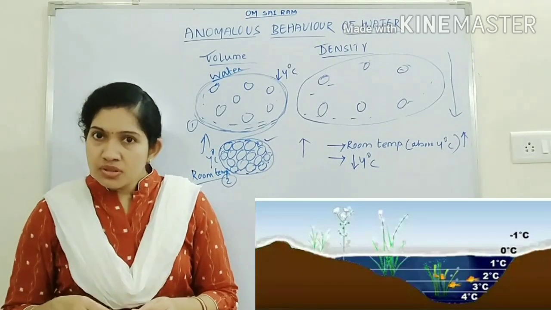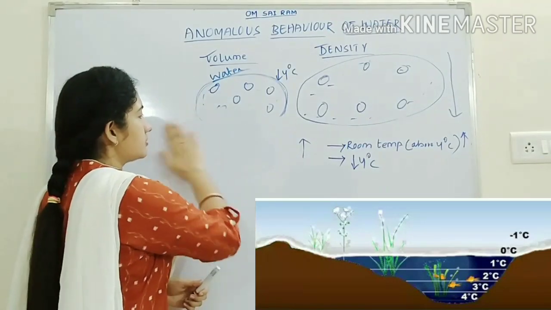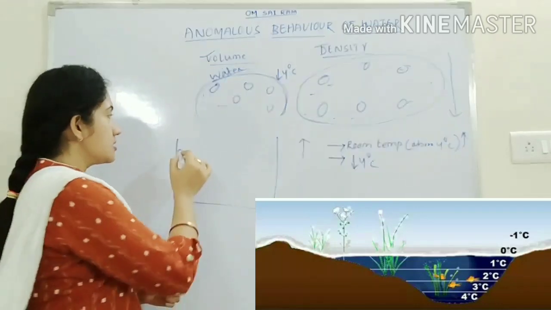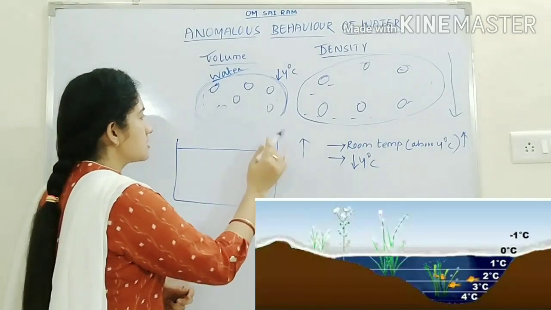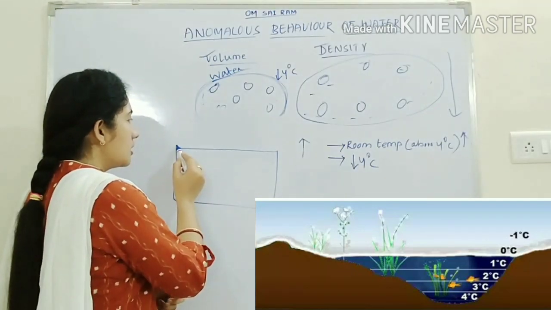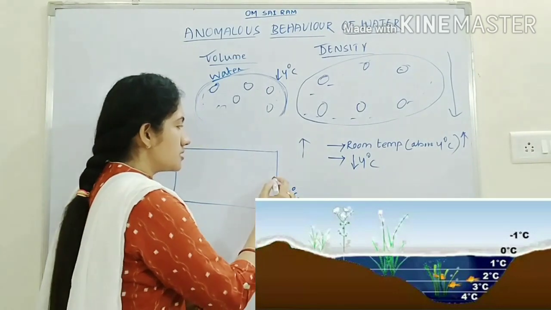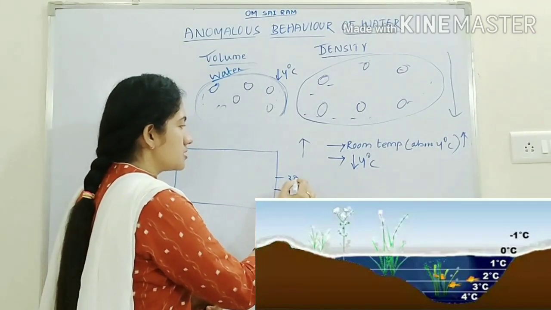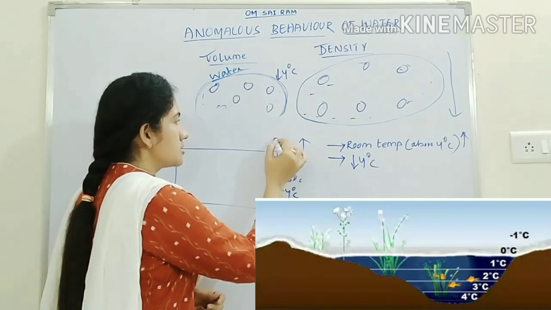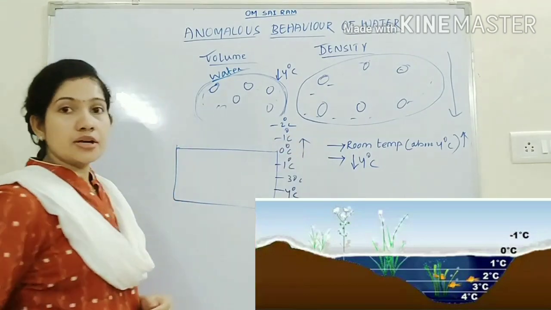Take a lake in cold countries. If this is the surface, then going down the temperature increases: 0 degree Celsius, 1, 3, 4 degrees Celsius, and above the surface minus 1, minus 2 degrees Celsius, and so on.